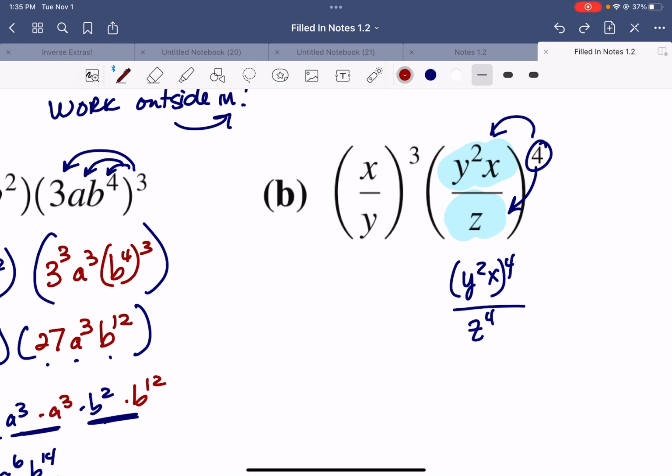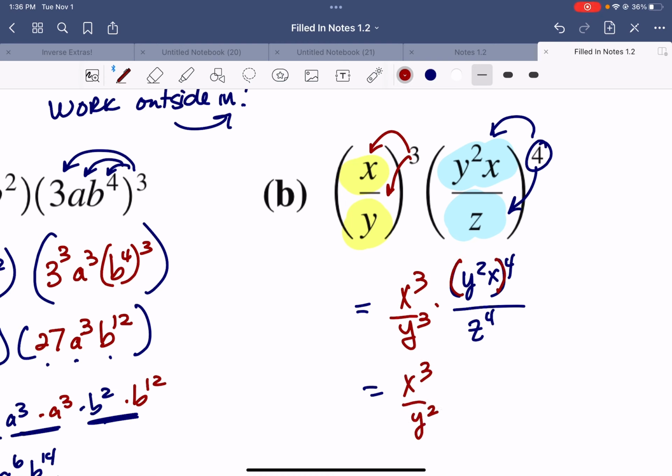Same thing here. This is just a fraction to the third. So it's a top to the third and a bottom to the third. So it's just x cubed over y cubed, right? But then I'm going to bring this along. It doesn't change. But now I'm going to distribute through.